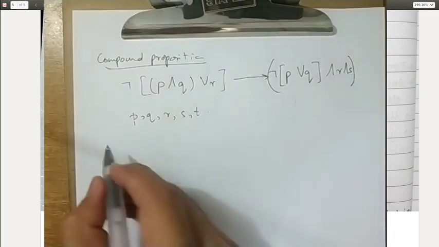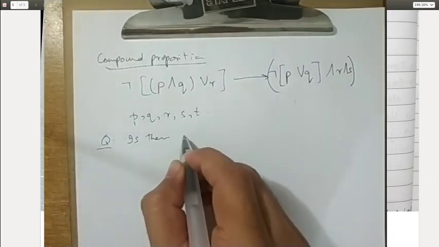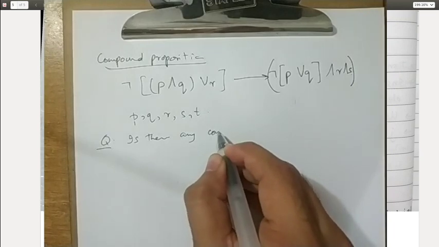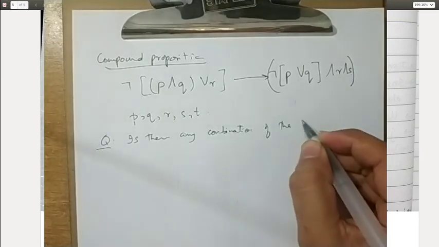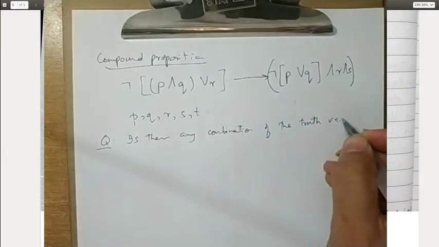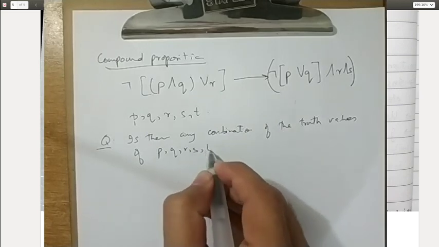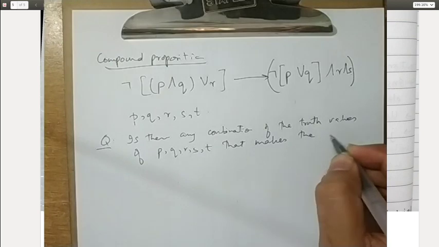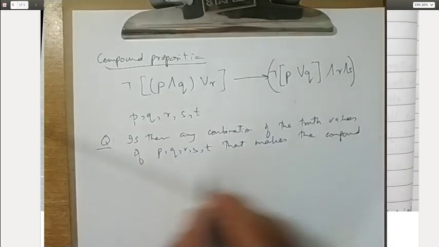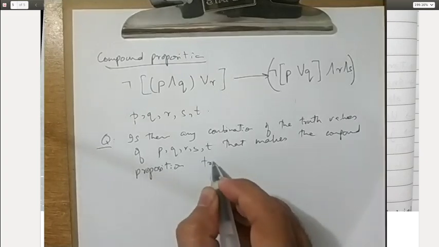And consider the question: is there any combination of the truth values of P, Q, R, S, T that makes the compound proposition true?